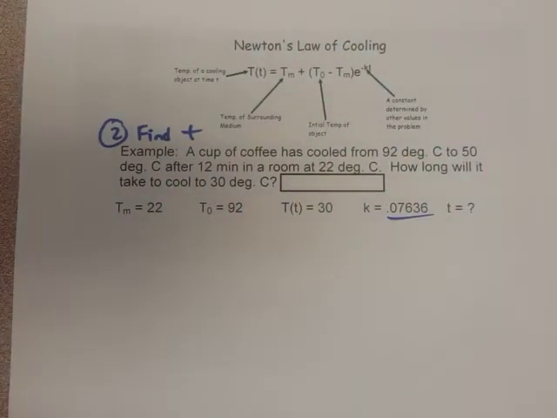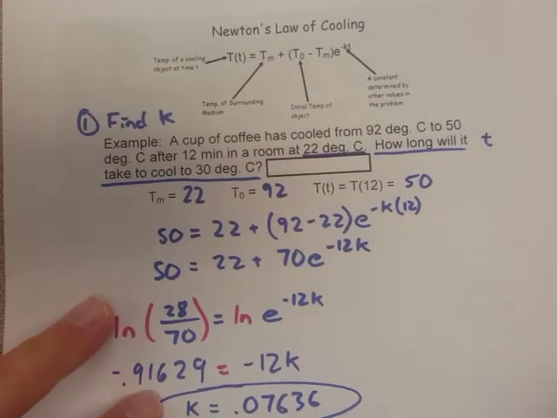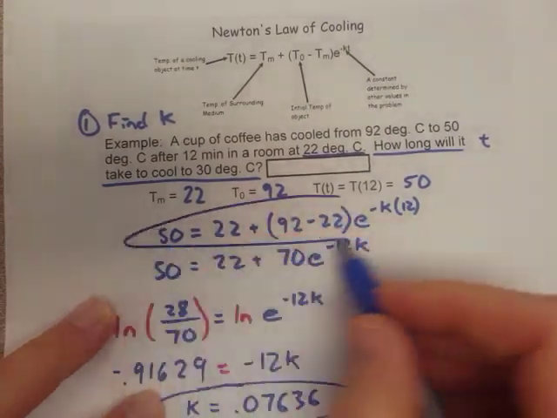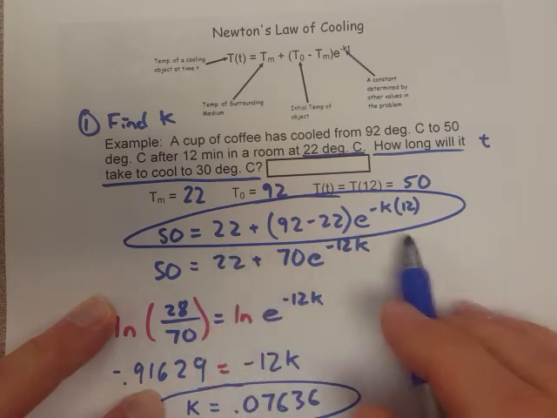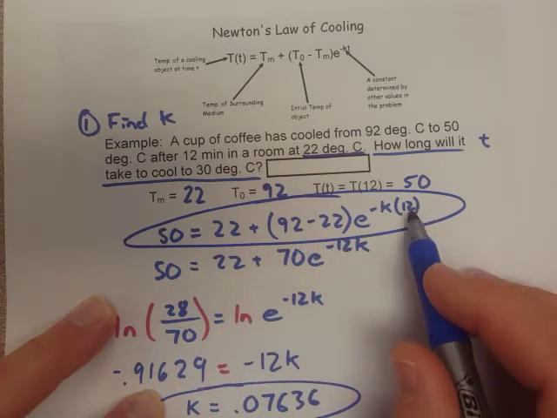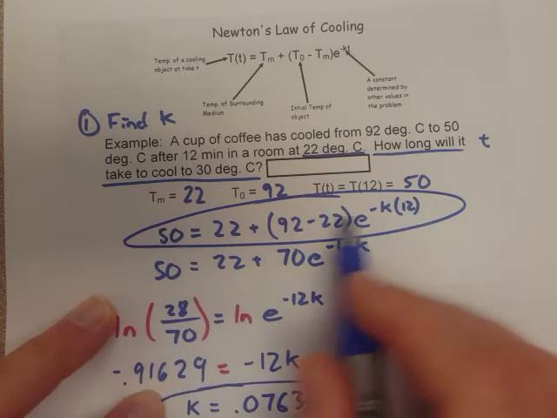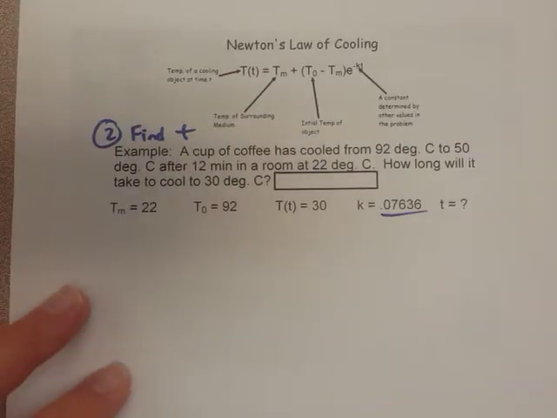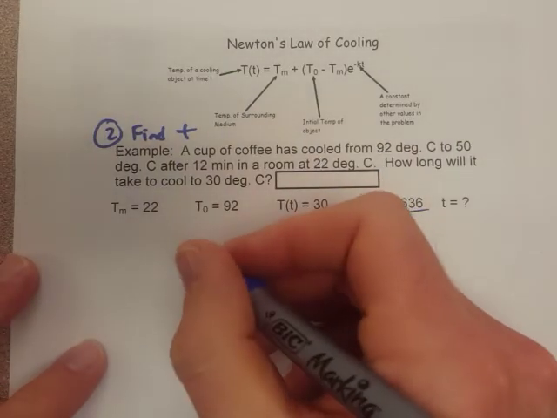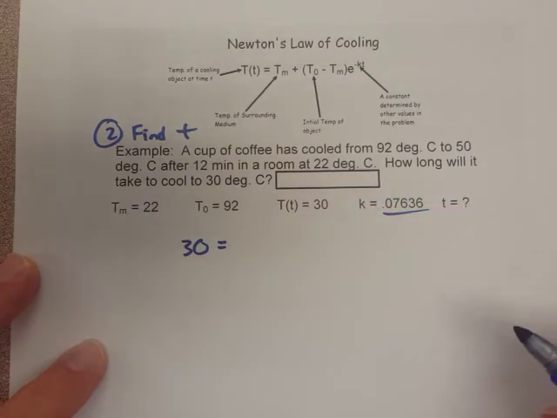Now the formula is going to look pretty similar to last time. The equation that we had was right here. We're going to keep most of this the same, except we're not going to have a t and we're not going to have a 50. We're going to replace those parts. So for T of t, we're going to put 30 on the left hand side.